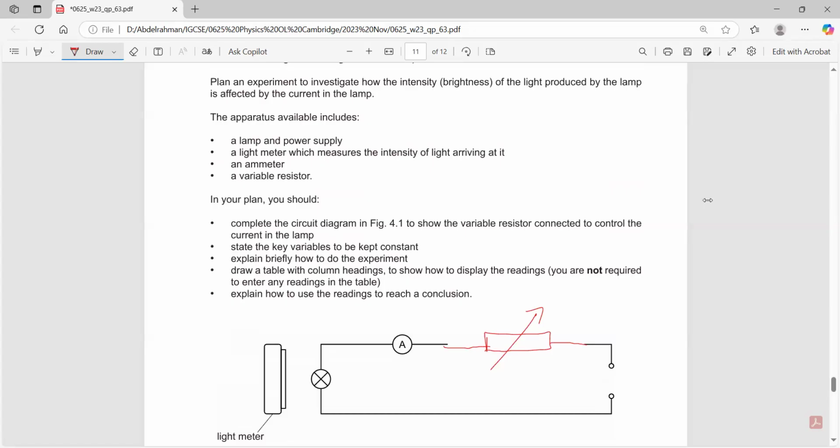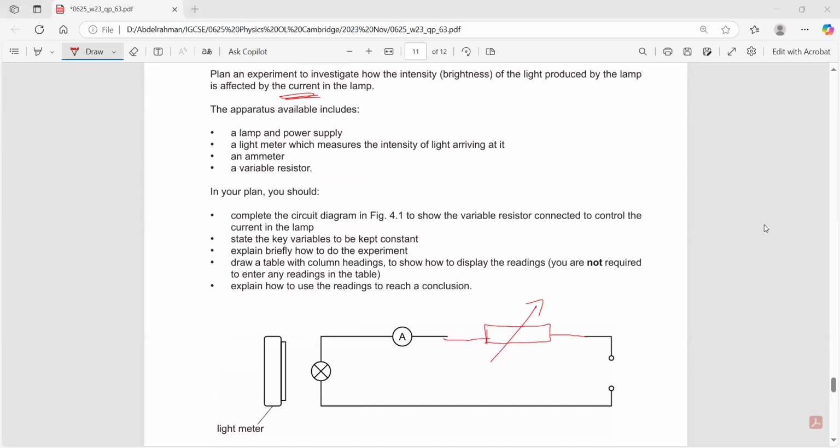And then the key variables. What am I changing? What is the plan experiment to investigate how the intensity is affected by the current, right? So the independent variable is the current, right?